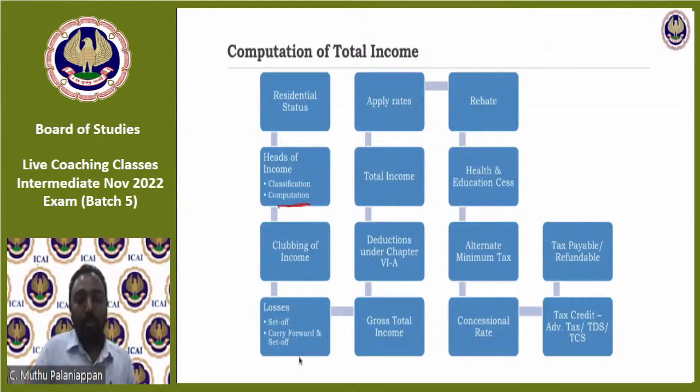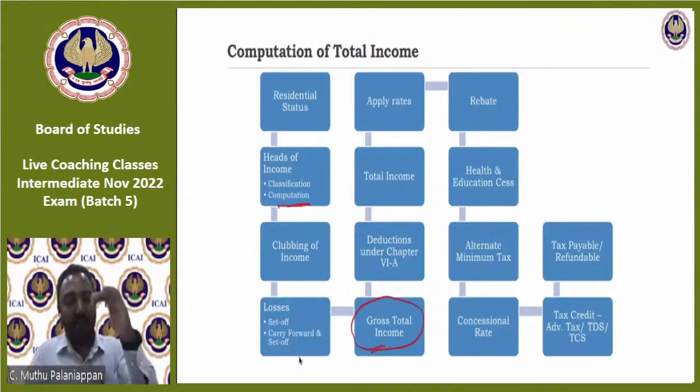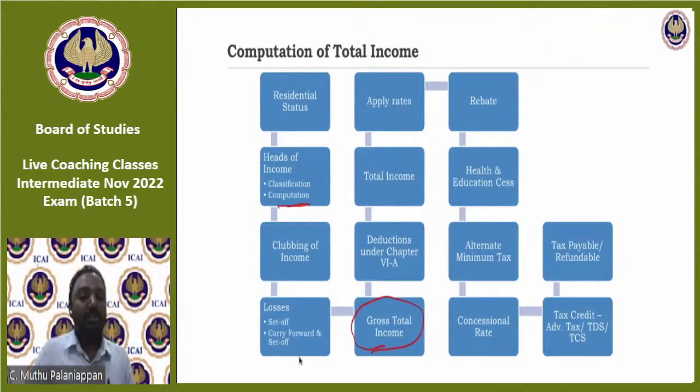After losses, what happens? You get your gross total income. So now I have classified, computed, clubbed, and adjusted for losses. Now I get gross total income. On this gross total income, I am eligible for Chapter 6A deductions: 80C, 80D, 80E, 80EA, all those sections which you should have already studied.